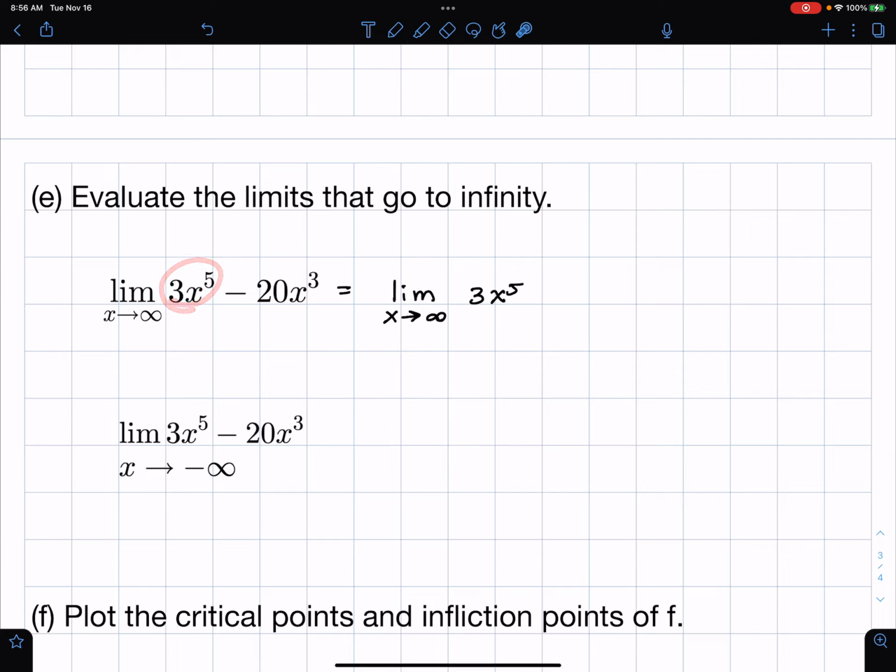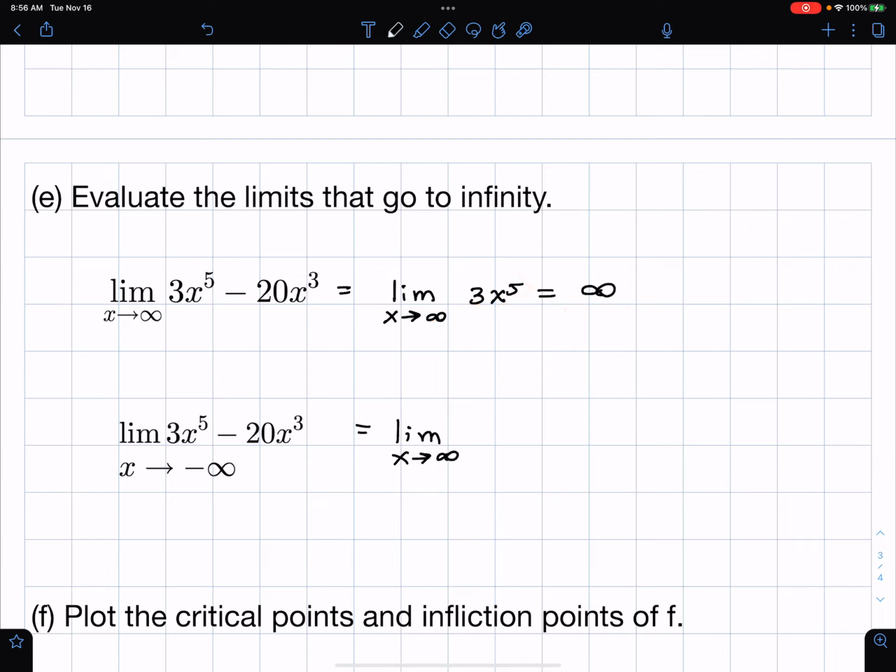The one that has x to the 5th, since 5 is greater than 3. So I look at 3x to the 5th. As x goes to infinity, x becomes large, raised to the 5th is still large, multiplied by 3 is large, and that's infinity. The thing I'm really looking for is whether this is positive. Put in a positive number, raised to the 5th power times 3, all positive. Over here we get the same idea.